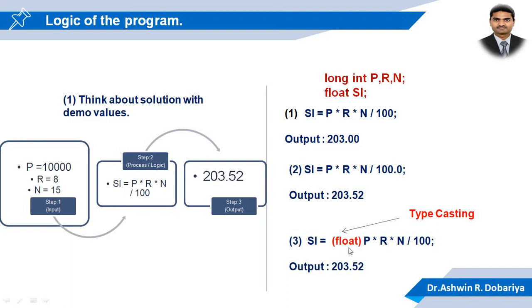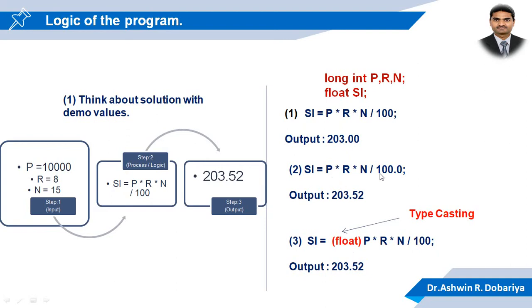Now the other way is you can mention float as a typecasting. Now what do you mean by typecasting? That we will discuss in detail in the data type concept, but the meaning of it is, whatever value you mention over here, first it will be converted into a float. So now the first operand becomes a float, and if one operand is float, then the overall answer will be a float.